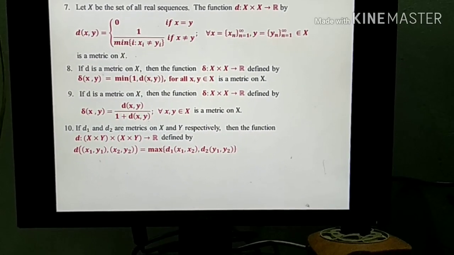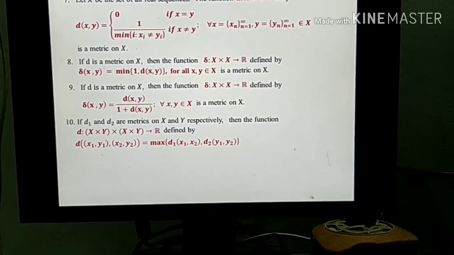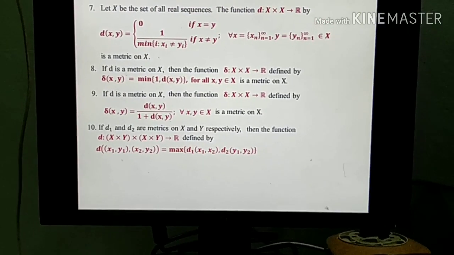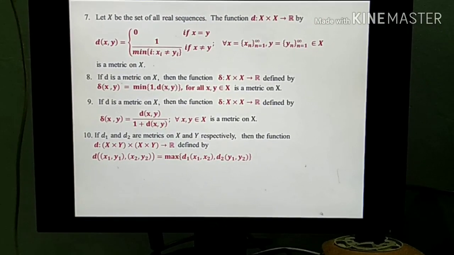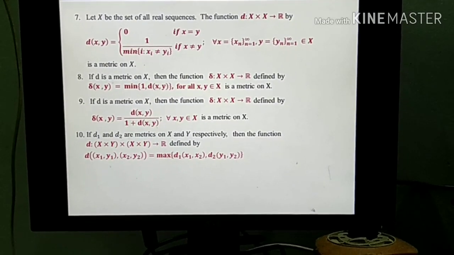You just choose the maximum of these two distances, d1(x1, x2) and d2(y1, y2), and that maximum is defined as d, the distance between ordered pairs (x1, y1) and (x2, y2).